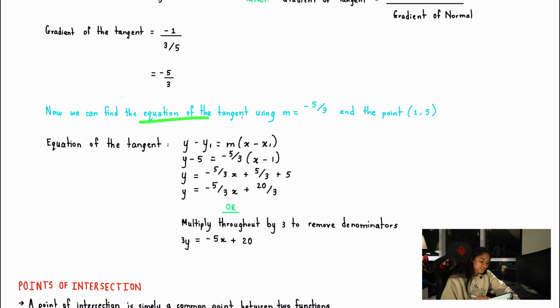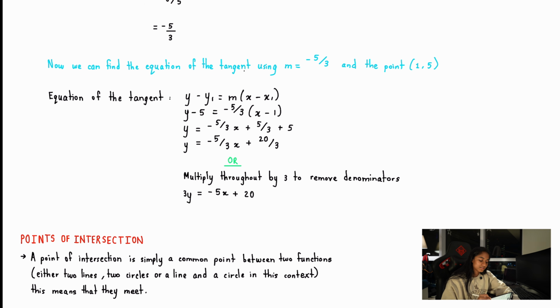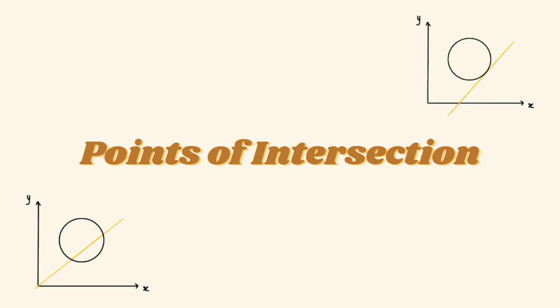Now we can find the equation using this formula, and we can substitute what we found, which was the gradient, and we can use the point 1, 5. So we have y minus y1 is equal to m times x minus x1, and we have the point and the gradient. Now we're going to substitute it, or we could multiply throughout by 3 to remove the denominators. It's the same thing.